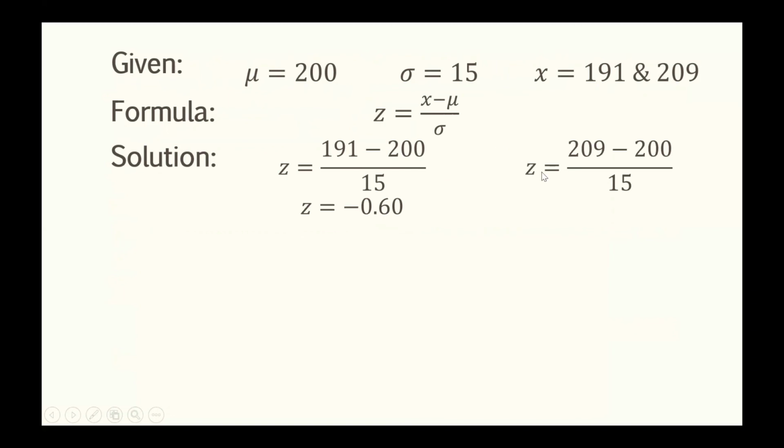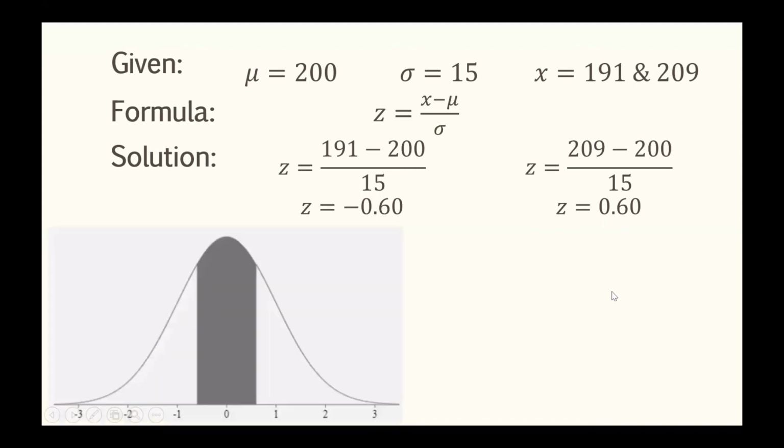Using the formula, we have z is equal to 209 minus 200 all over 15. Using your calculator, that is positive 0.60. In the normal curve, between these z-scores, that is from negative 0.60 to positive 0.60, shade this portion.